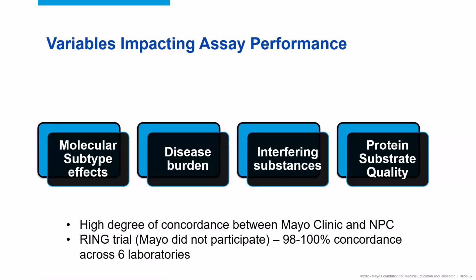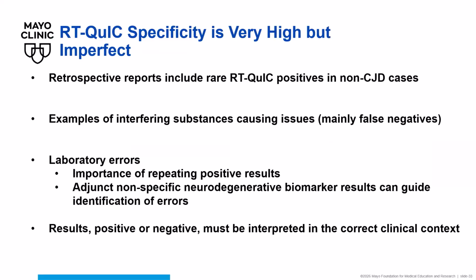But there are rare instances where one assay may pick up a case and the other assay will miss it. Although we have picked up cases the National Prion Center has called negative, there has also been an instance that I'm aware of where we missed something that they picked up. So keep that in mind: if you're an end user of this test and you get a negative result, there's still doubt. If it is clinically warranted, repeat testing always makes sense.